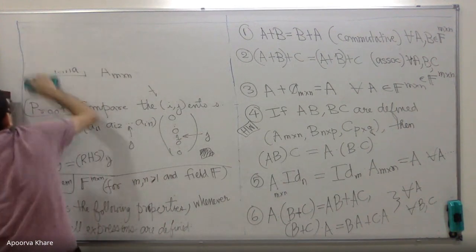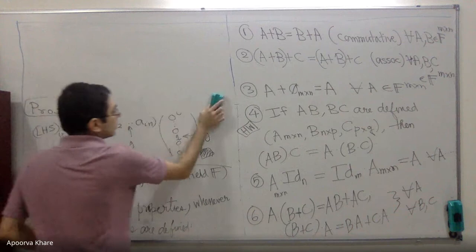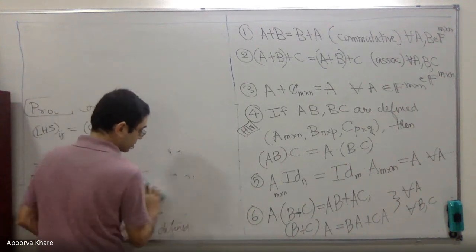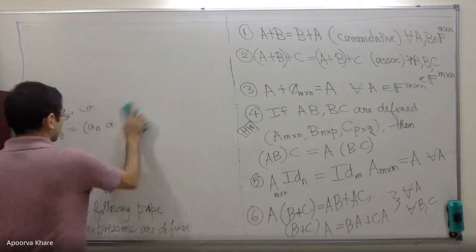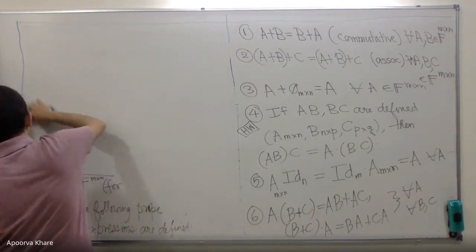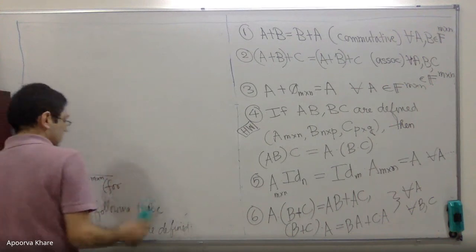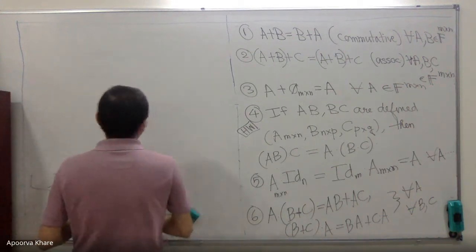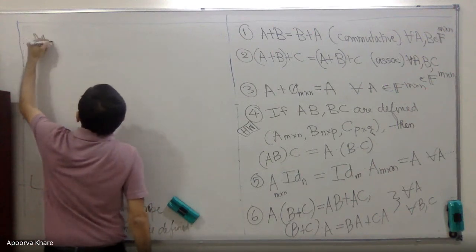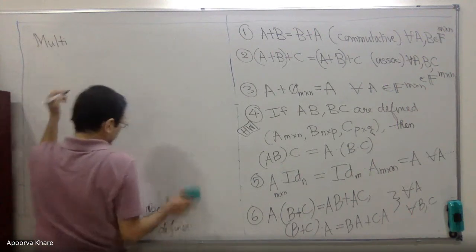So what does it mean to say that a matrix is invertible? Point is, it's not always. Let me show you. Yeah, let's do it carefully. I'll erase this later. So multiplicative inverse. Let's call it invertibility.